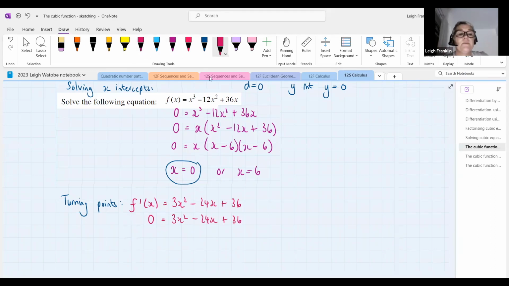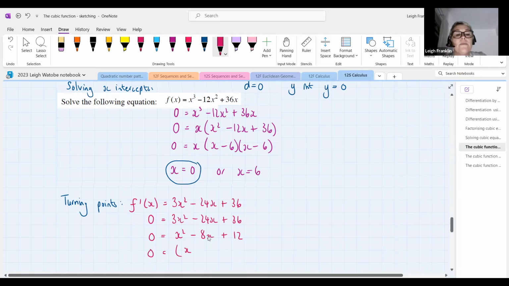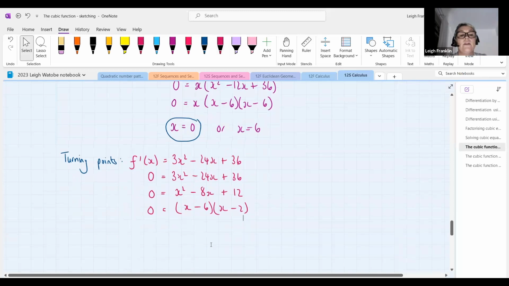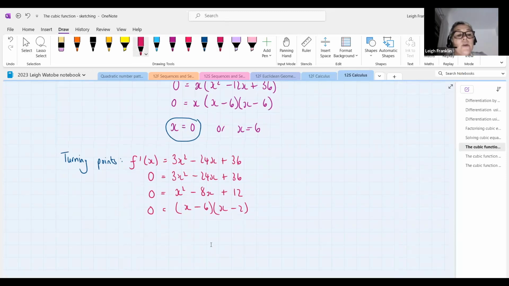Each of these is divisible by 3, so we would end up with x squared minus 8x plus 12. Now it's going to factorize. So we are going to end up with x minus 6 times x minus 2. That means that at our turning points, x is equal to 2 or x is equal to 6.